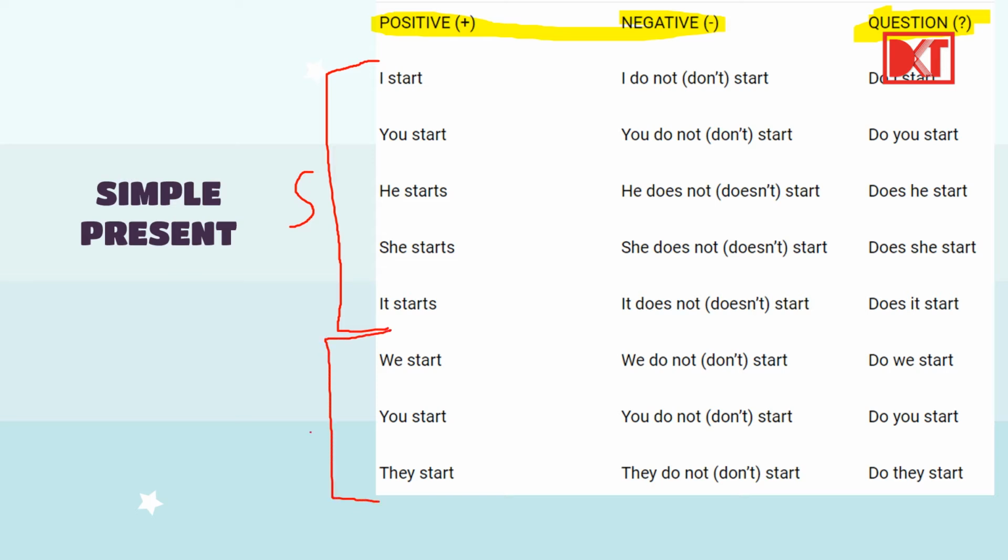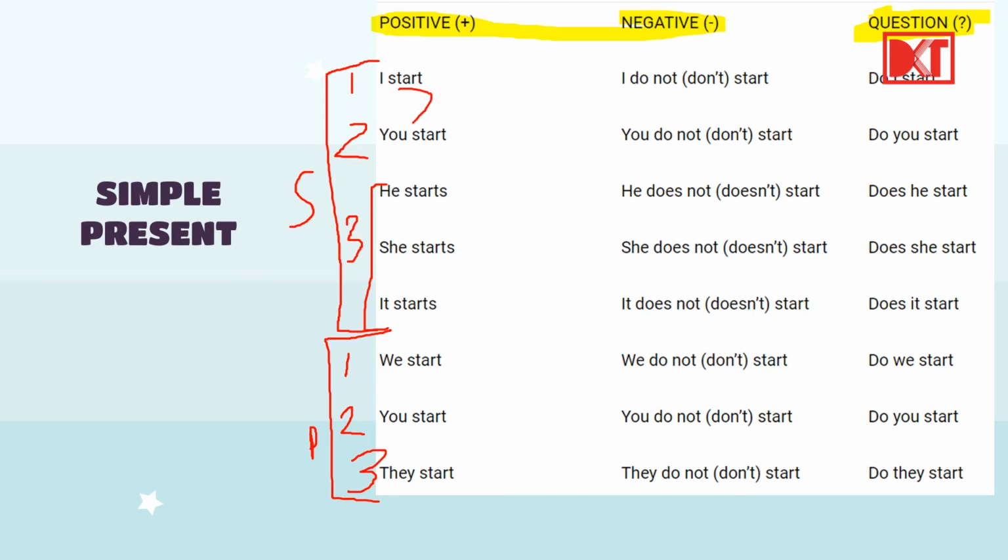All these are plural. Then I, first person. You is second person. He, she, it. All these are third person. We is first person, you is second person, they is third person.